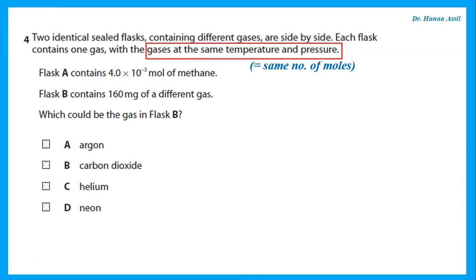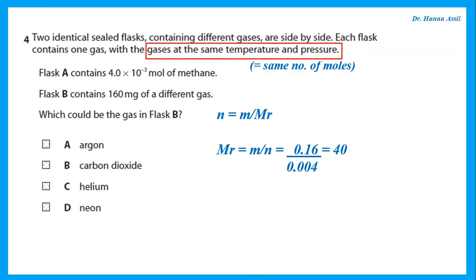Flask A has this number of moles. That means flask B contains the same number of moles, and therefore from the mass and the number of moles I can get the molecular mass of the gas in flask B. Molecular mass is mass over number of moles. Remember, 160 milligrams is actually 0.16. You multiply by 10 to the minus 3 divided by the number of moles.